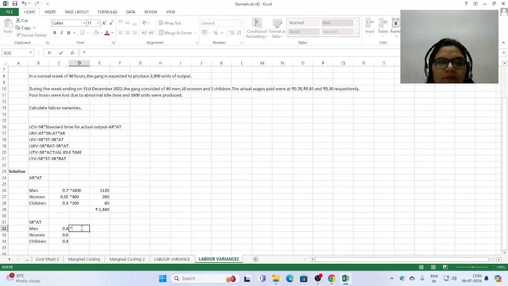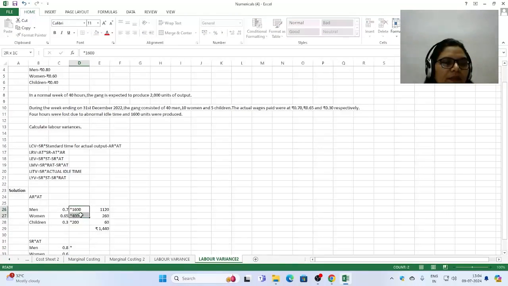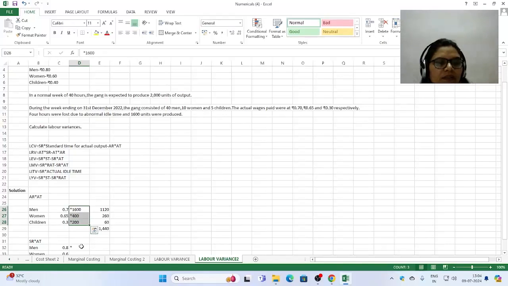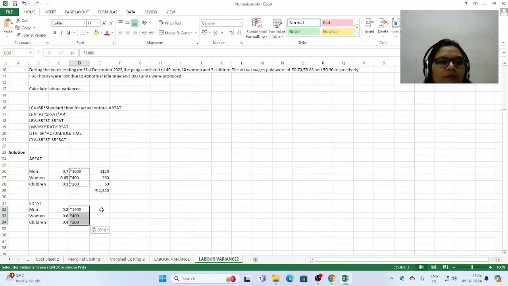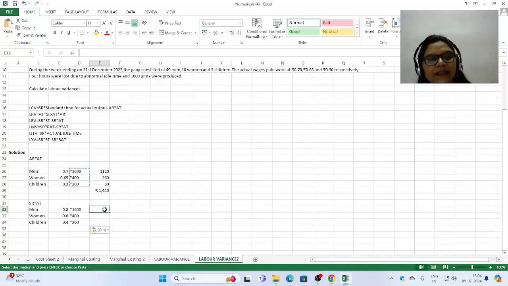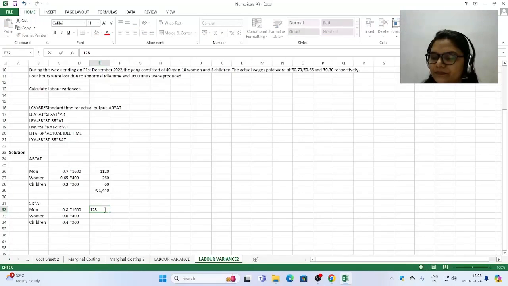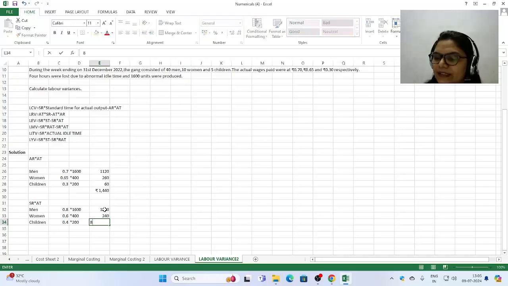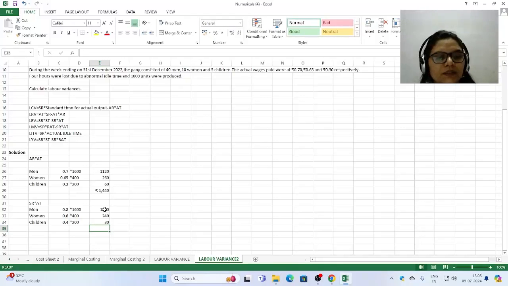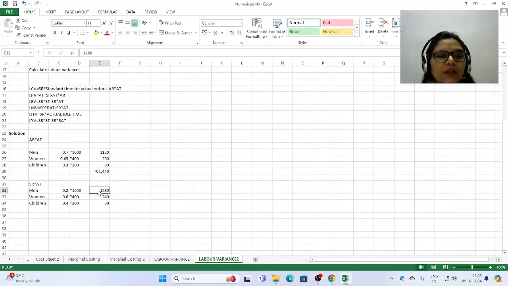Now multiply it with actual time. Actual time is given over here, 1600. Next is 1280, 240 plus 80. Now we will do the total of all these three.